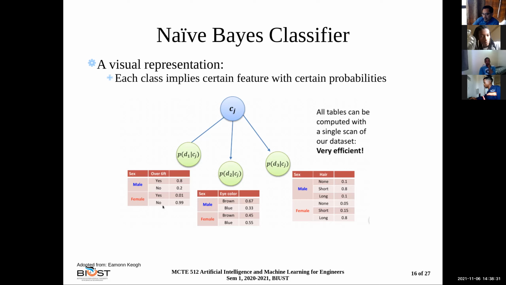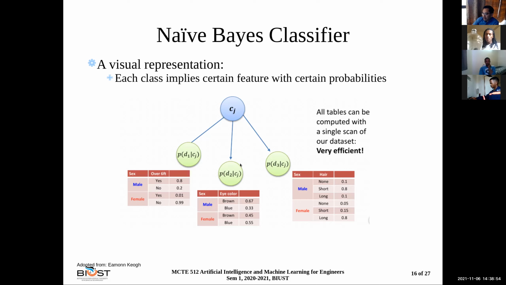In this case, given that the class is male, it has a higher probability that it is over 6 feet. Given the class is female, the probability that it is higher than 6 feet is small. Most of them are lower than 6 feet.